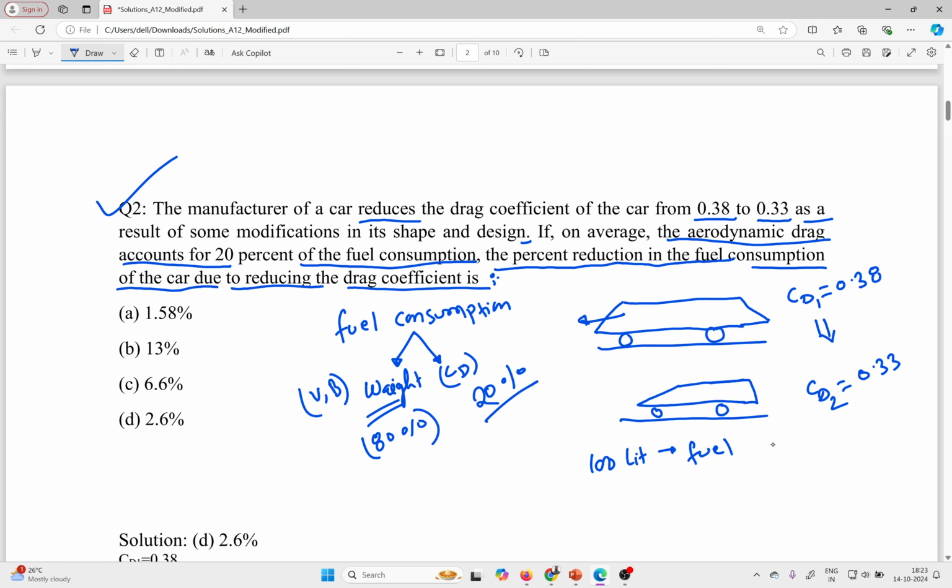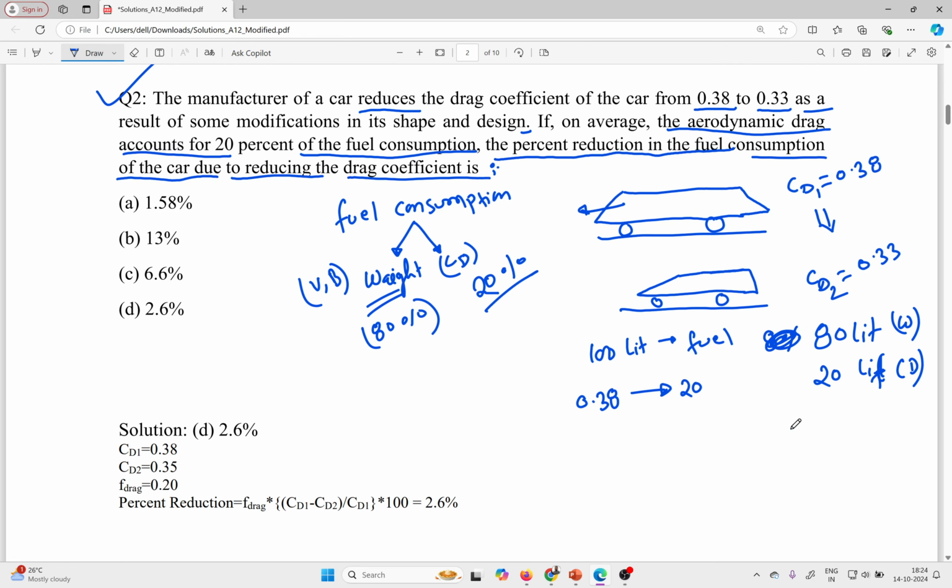In 100 liter, 80 liter is required for your weight and 20 liter is required for drag. So 0.38 is taking 20 liter.